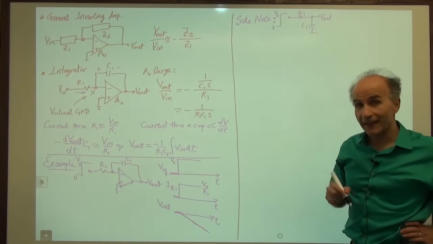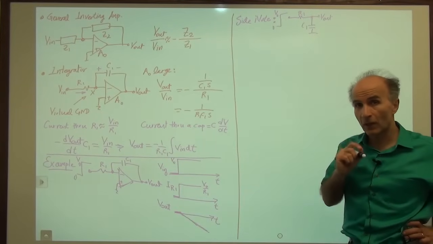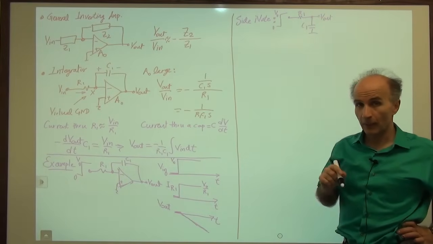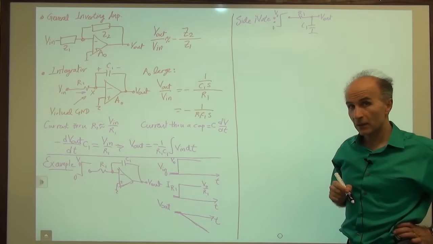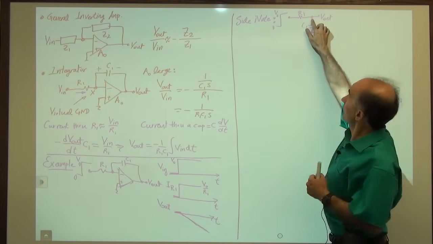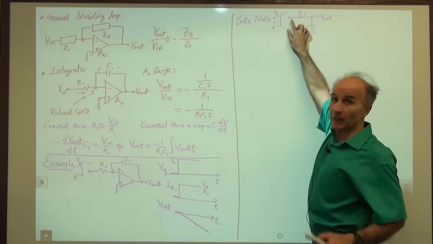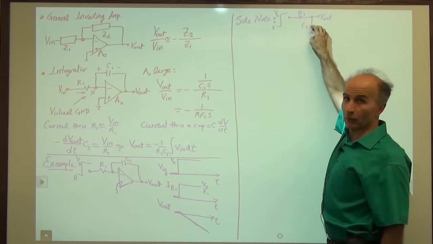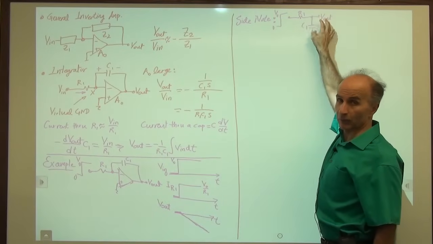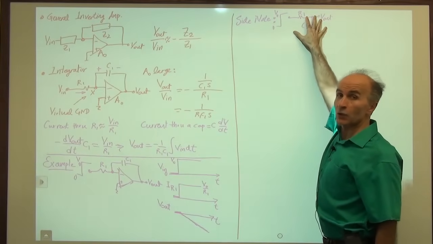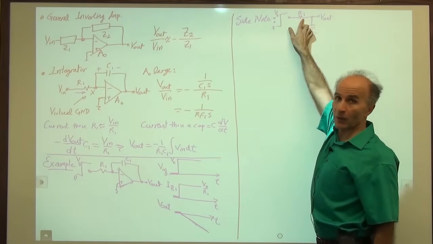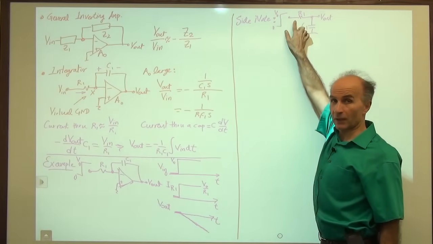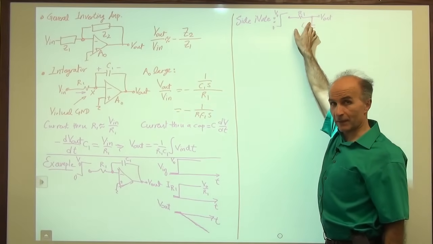In this experiment, can I say that the current through R1 is just the input divided by R1? No, because this voltage is not fixed. As we allow a current to flow through R1 and it flows through C1, the voltage on C1, meaning the output voltage, keeps changing. So we cannot say that the current through R1 is just V in over R1 because of this dependence here.